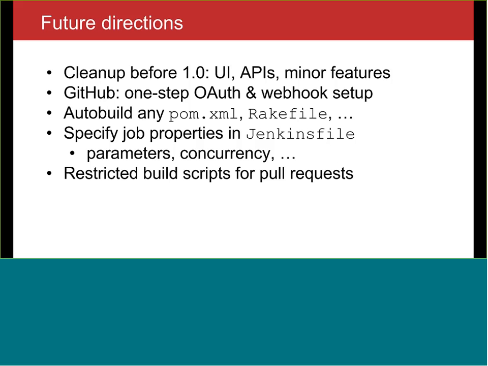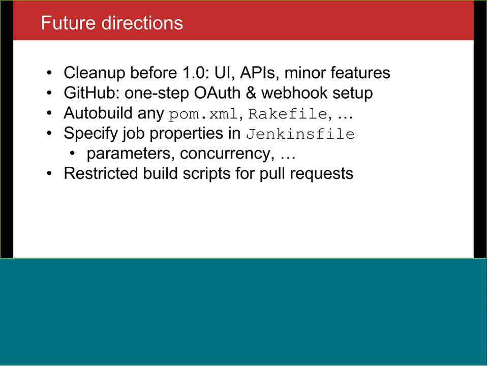Possible things we might do include having smoother setup for GitHub. So currently, you needed to create an access token manually and set up a webhook in GitHub manually, which I didn't show as part of the demo. I had that set up previously.